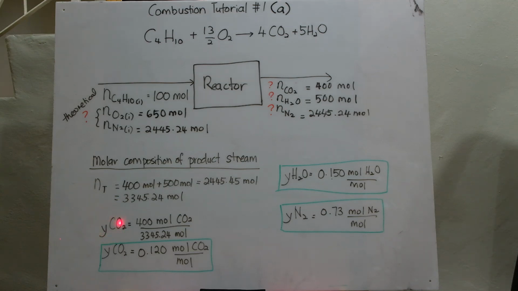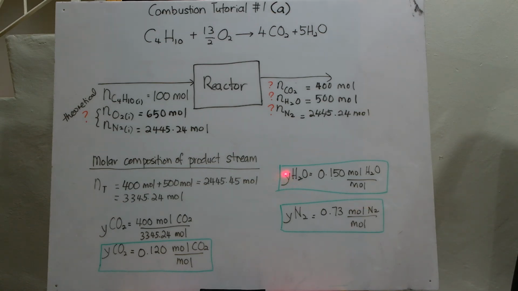How do we calculate fraction? 400 mole of CO2 divided by the total mole. So we obtain the composition for CO2 equivalent to 0.120 mole CO2 per mole. So don't forget your unit. So now we leave it in terms of molar fraction.